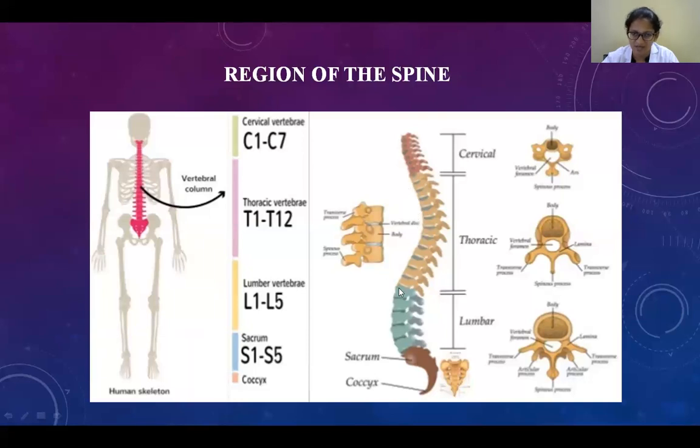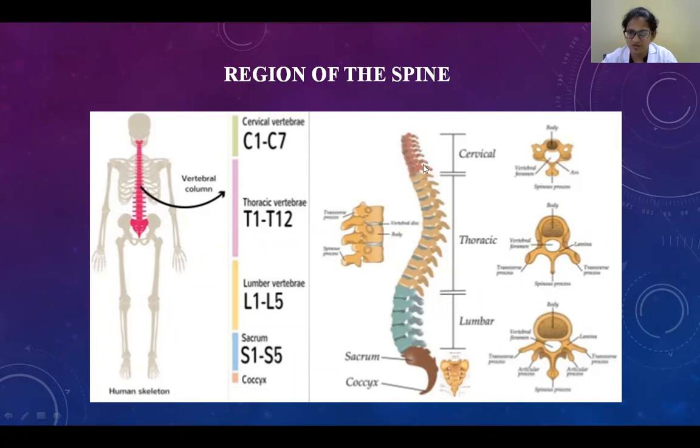Whereas in the lumbar region, it is convex again. Whereas in the sacral and coccygeal region, it is concave, which resembles an S shape. Secondary curvatures resemble an S shape.